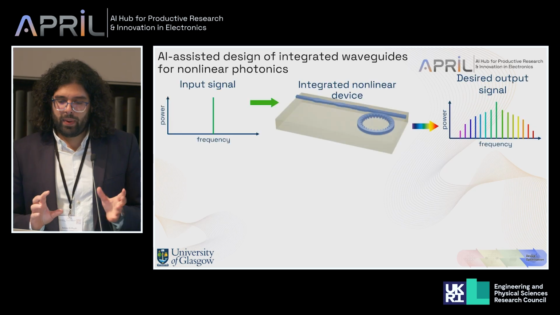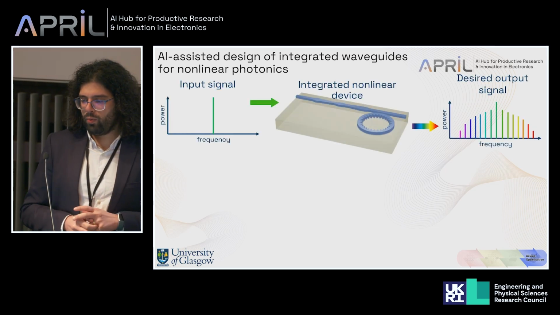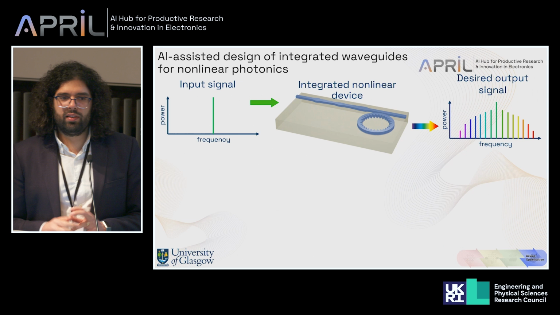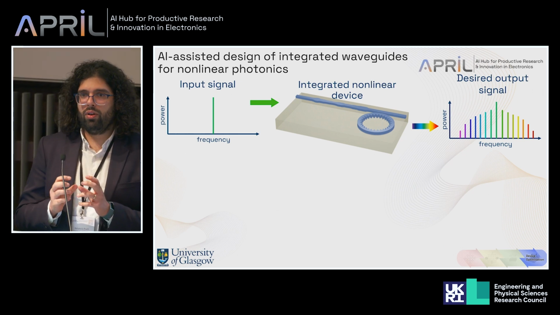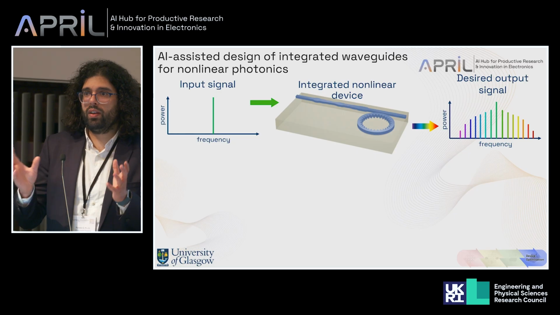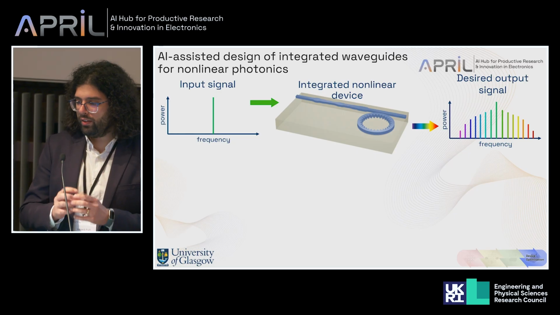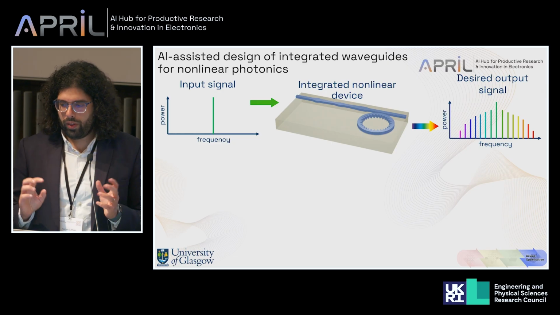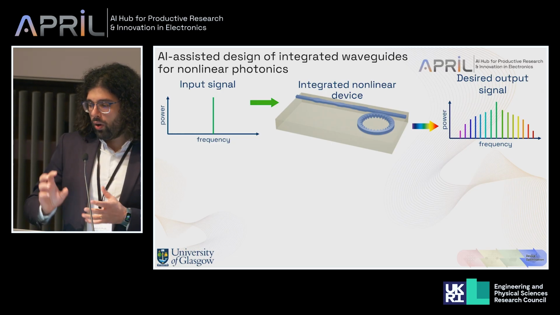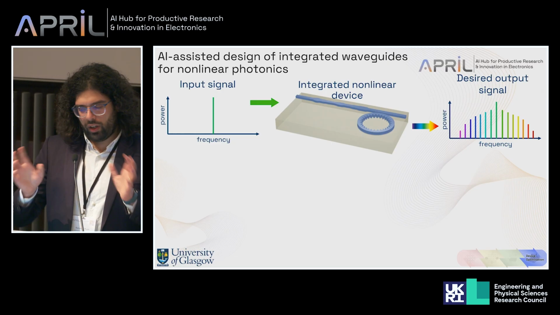Just to give you a bit of perspective, an integrated waveguide or an integrated device is a key component that's needed for on-chip generation of ultra-broadband optical signals that are coherent. And we're talking about several hundreds of terahertz of bandwidth here. The importance of these signals is that they come in different shapes.